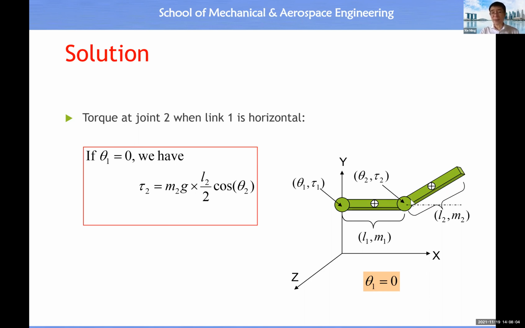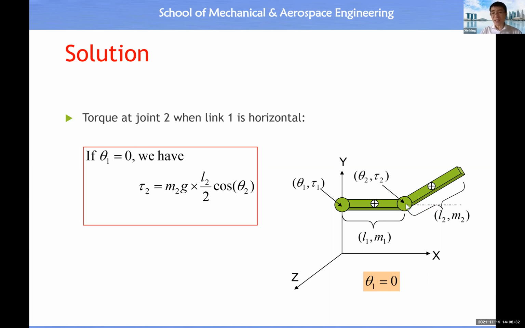In this case, because link 2 is supported by link 1, the joint 2 will only be used to control link 2. So therefore, M2G will produce a torque which will act at the joint 2. Okay, M1G has no influence on joint 2. All right.